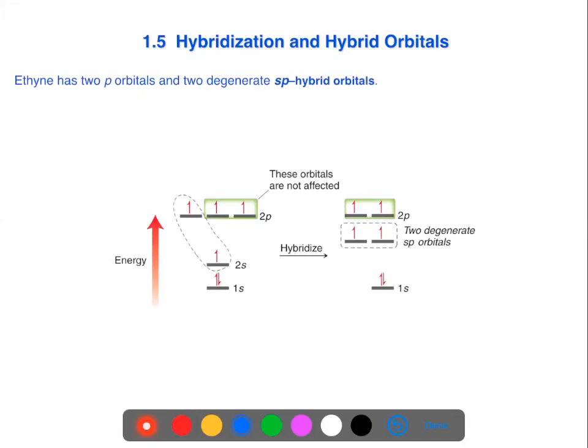Similar to how we approached methane and ethene, in ethyne, when you look at the structure and you see that triple bond, it is composed of a single sigma bond and 2 pi bonds.